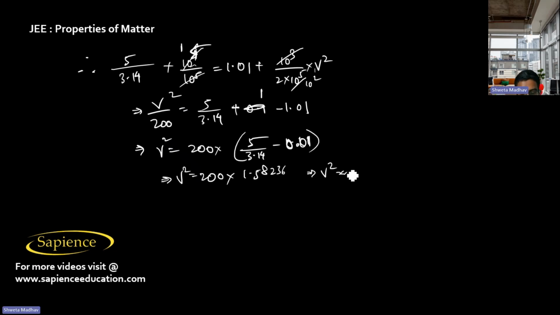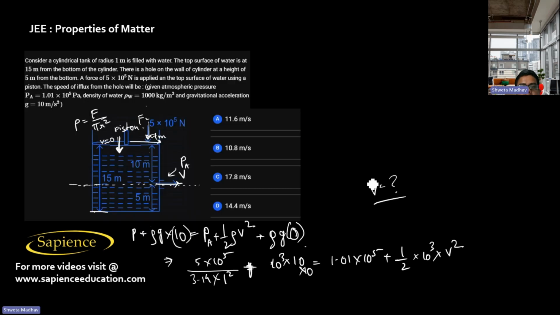Therefore, V square will be approximately 16.47. V will be approximately the square root of that, which will be approximately 17.79, or I can say approximately 17.8 meter per second. So 17.8, option C is the correct answer.